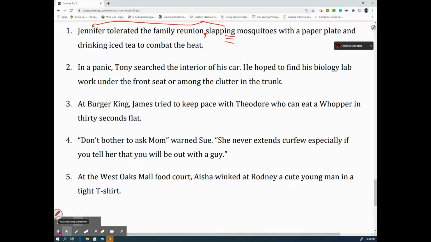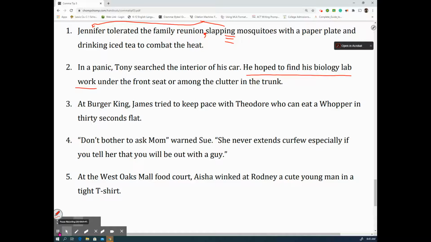Okay. So may I ask, what is the main clause here? I'll open this up for anyone. What's the main clause here? Tony searched the interior of his car. We did that one already. We're looking at the second sentence. He hoped to find his biology lab work is the main clause.